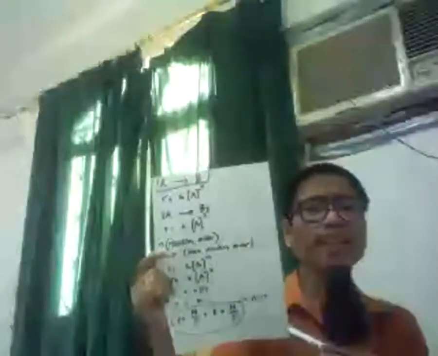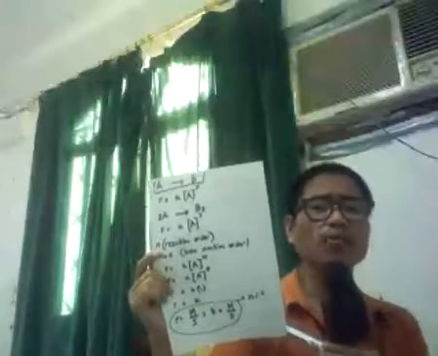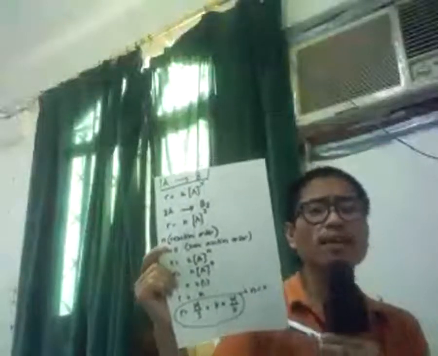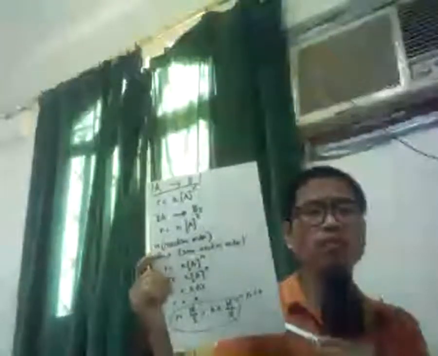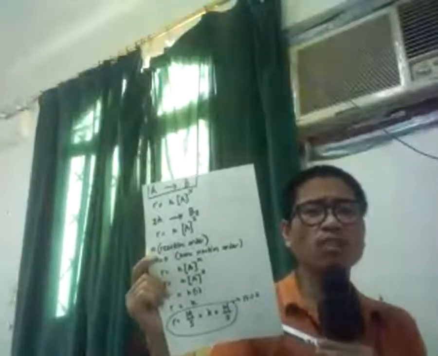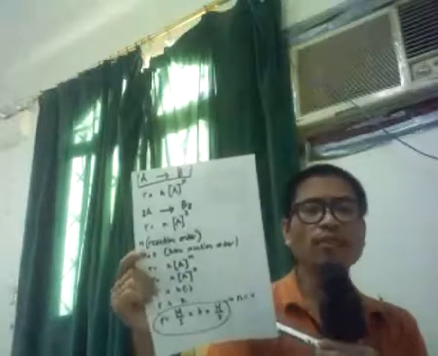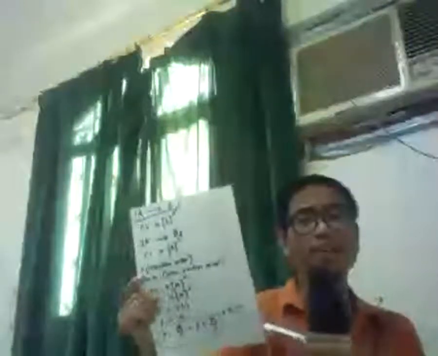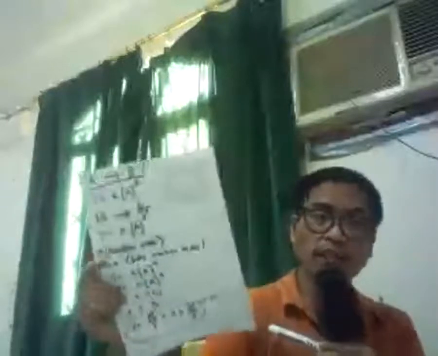Heat transfer, momentum transfer, mass transfer are under physical and chemical separation processes. Meaning, physical and chemical separation processes are general, are broad. That is under unit operations. The operations here could be either physical or chemical. When you do an operation, it could be either physical or chemical.